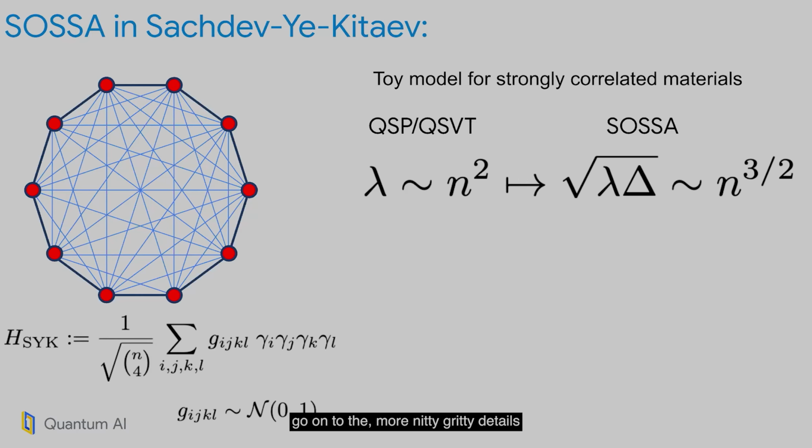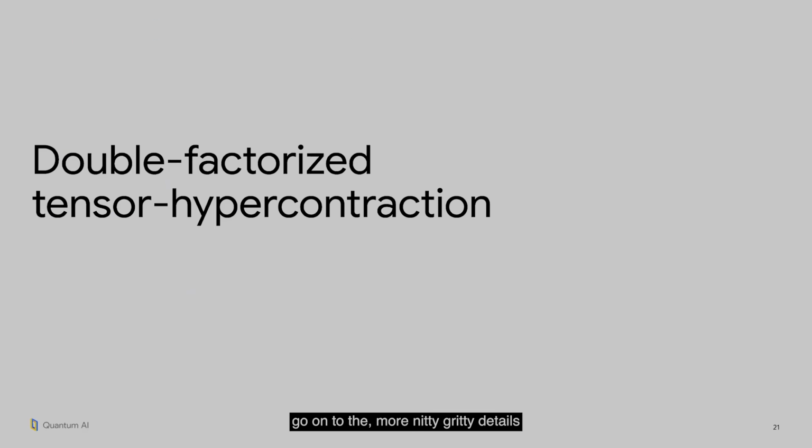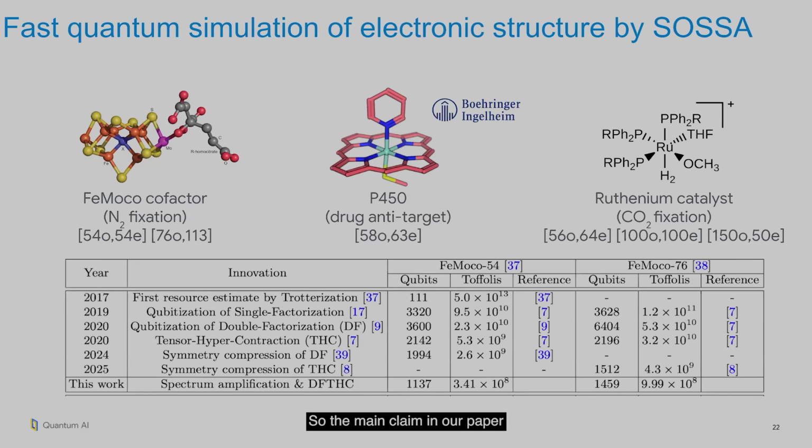Okay, so now let's go on to the more nitty-gritty details of how we applied this to speed up chemistry and what other improvements we made in simulating chemistry in general. So the main claim in our paper was this improvement in Toffoli gate counts over time. In the earlier slide, I showed you this improvement in Toffoli count versus years.